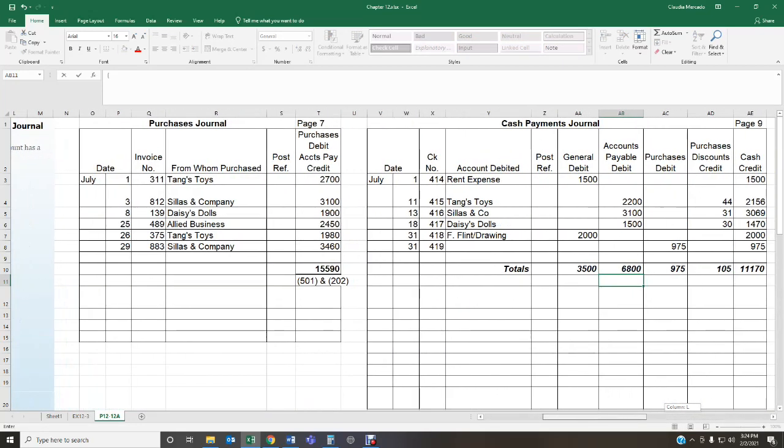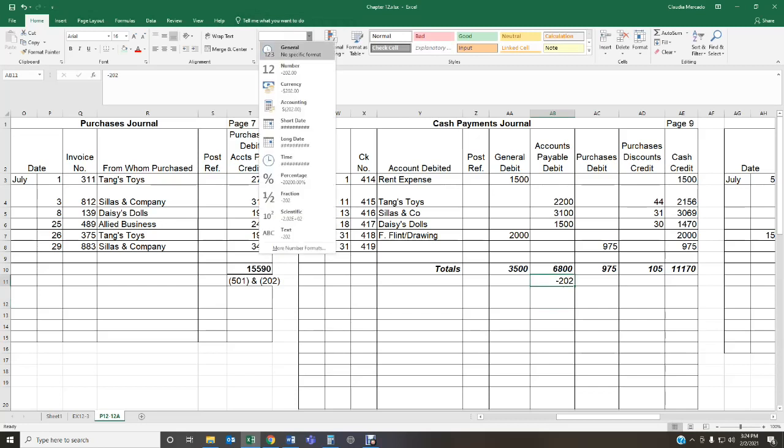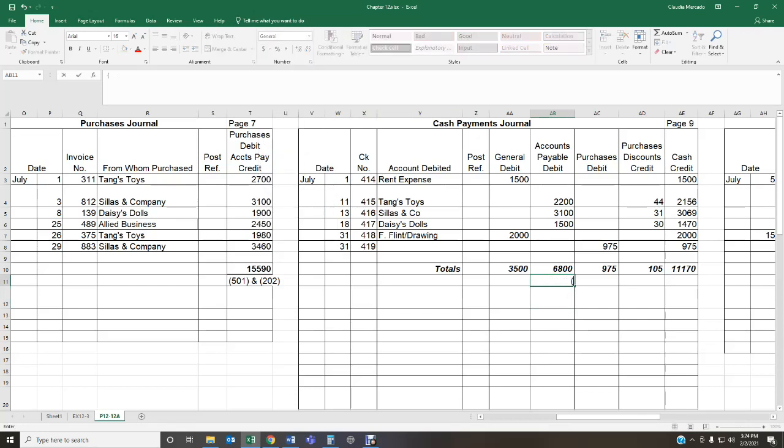So we're going to put this information in 202, that general ledger. Let me just format it. 202. Let me see, general text. Okay, so I'm going to post this in account 202.